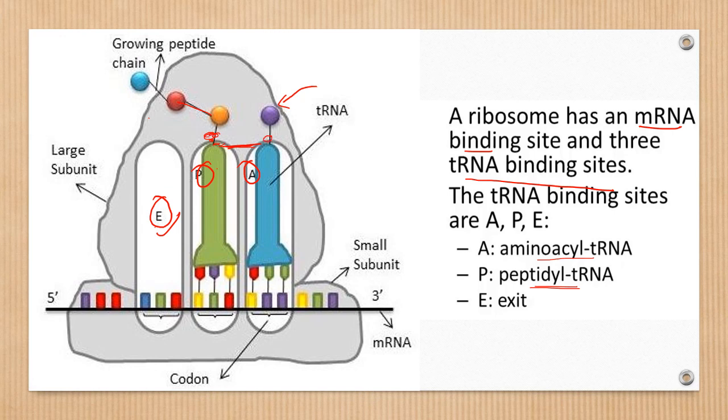Then the amino acid on the A site moves onto the P site, A becomes vacant, and a new amino acid comes again, and again a peptide bond is formed.